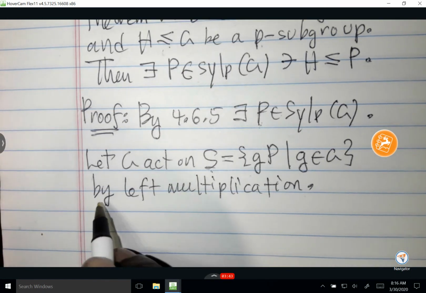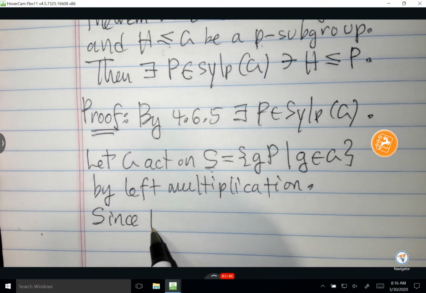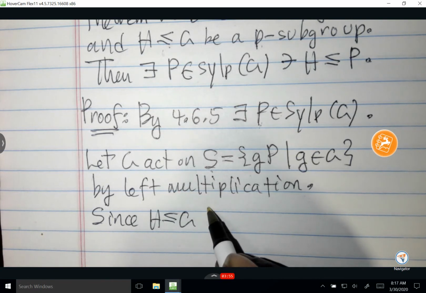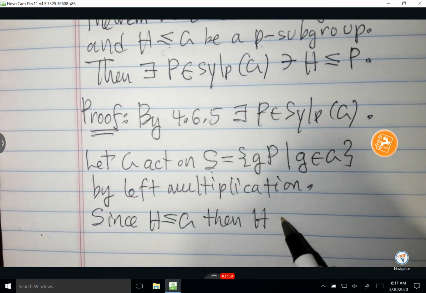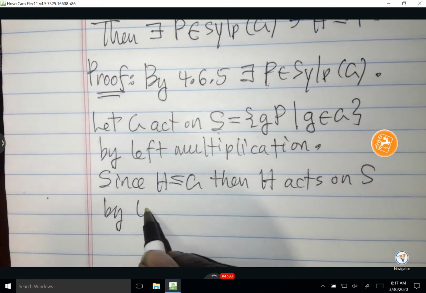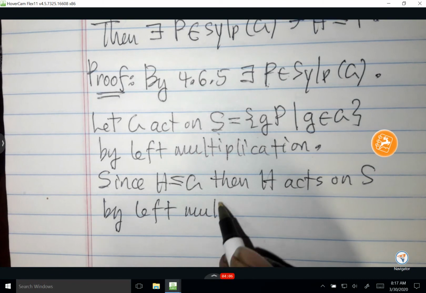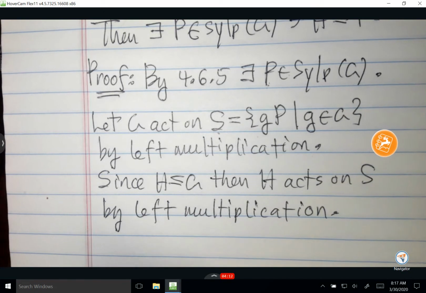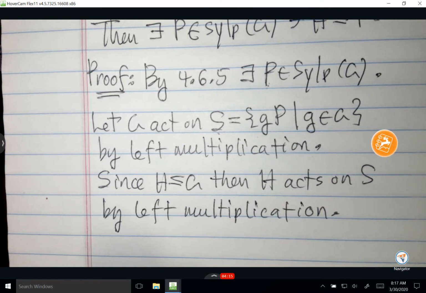So, since H is a subgroup of G, then H acts on S by left multiplication. All the subgroups of G act on S. If a group acts on a set, then every subgroup of that group acts on that set in the very same way.